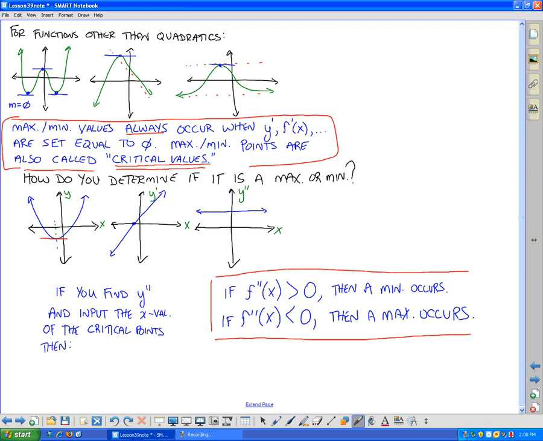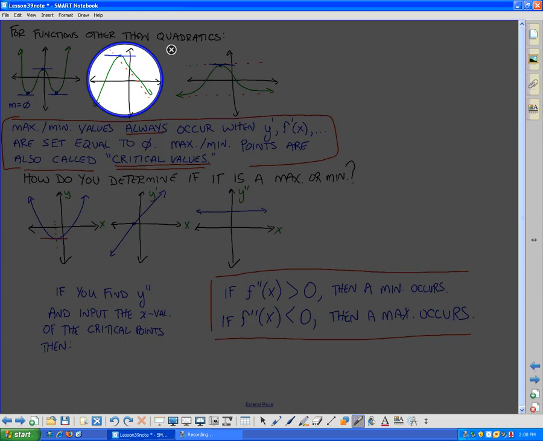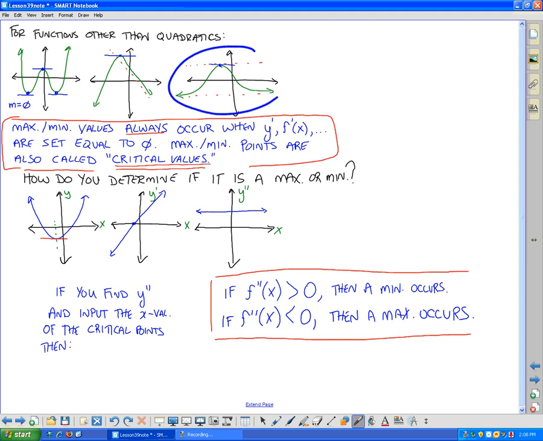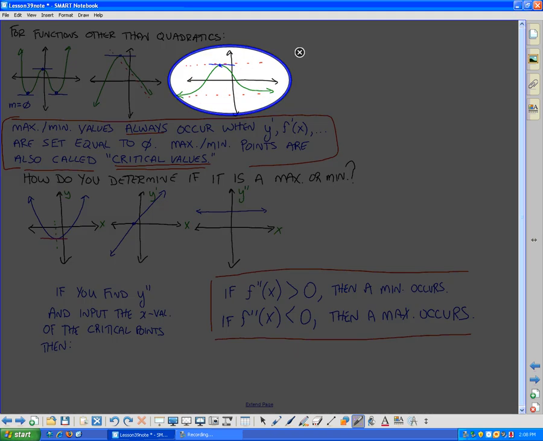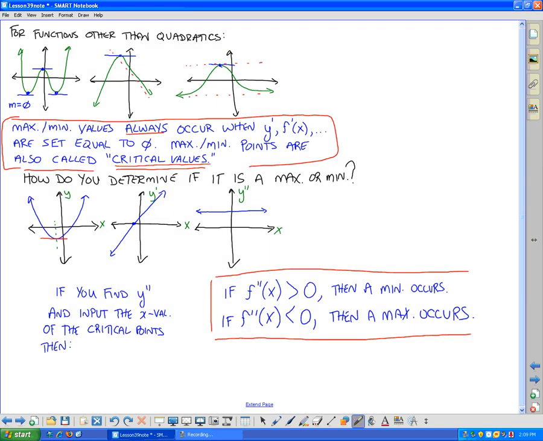If we have something that looks like this with a slant asymptote, we'll still find where the slope is 0. So any function you can sketch that has a max or min, you can determine where it occurs. In my red box here, max min values always occur when y prime, or f prime of x, the derivative, is equal to 0.